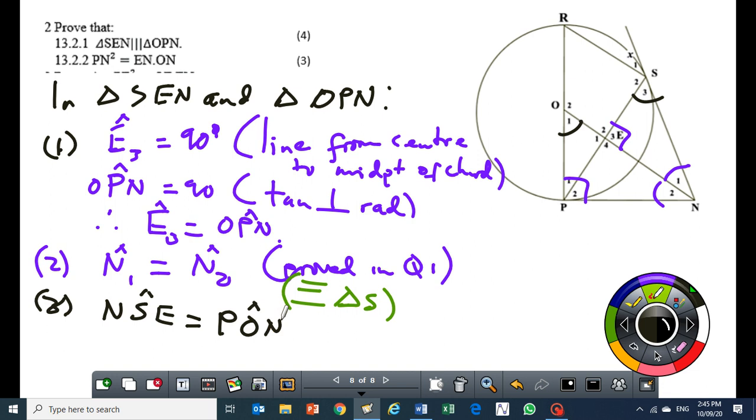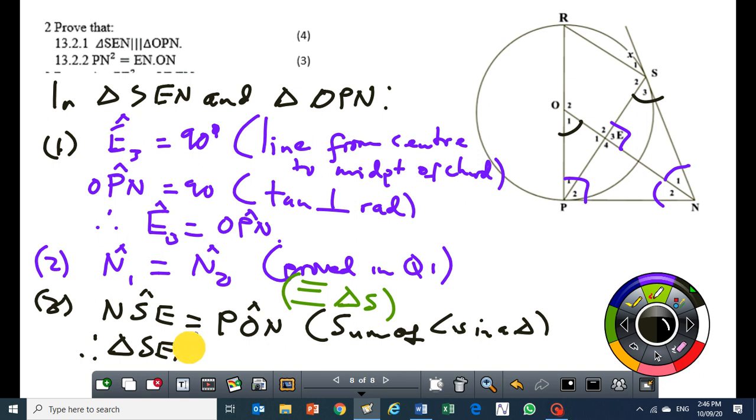This will be sum of angles in a triangle. Therefore, now the order is very important, but because they gave us the names already, we just say triangle SEN is similar to triangle OPN. And your reason AAA.